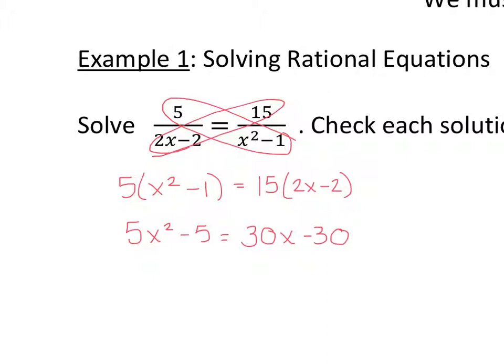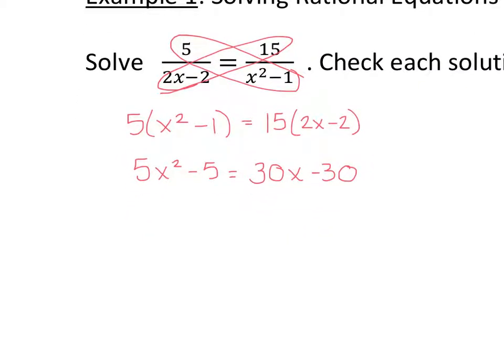All right. So at this point, you have to look at what you have. Here we have an x squared, so that means we're going to have a quadratic, so we'll have to deal with it that way. If you don't have a quadratic, then you should just solve for x, like number 1 on your homework. But this one, let's get it all on one side. So I'm going to move the 30x and the 30 to the other side.